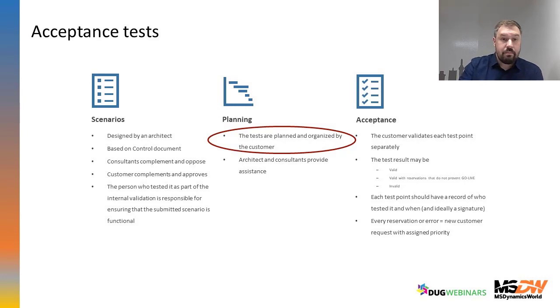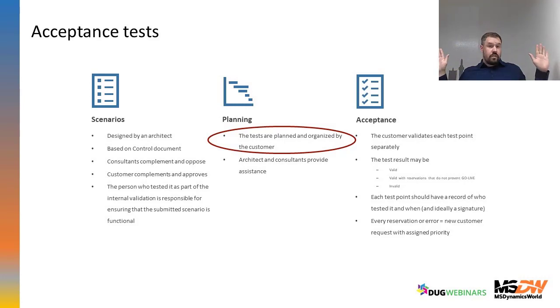What is important, the person who tested his part is responsible for that part, and this should be the communication person with the customer and help him during testing. So after you have the timeline and the scenarios, the architect can give them to the project manager, and the project manager can manage it.